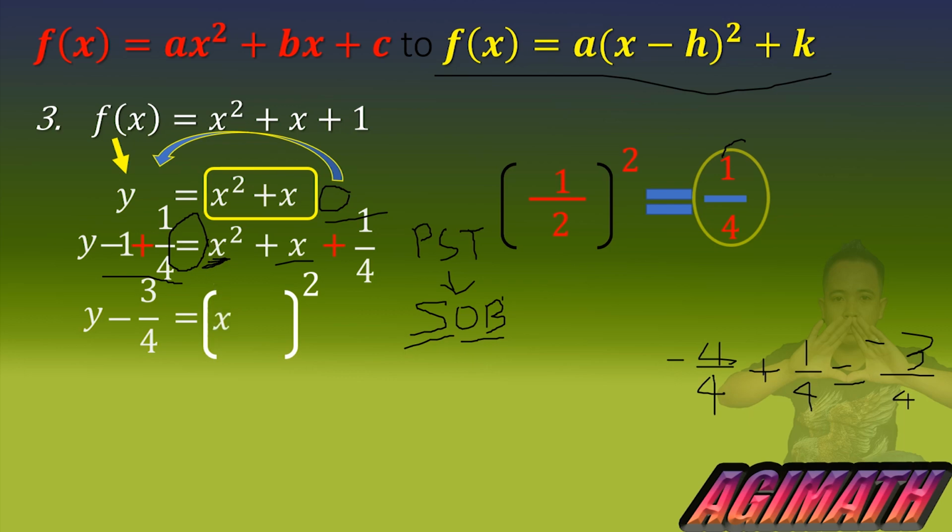So that will be the first term, the x. And then you look at the sign of the middle term. If it's plus, then the sign of this binomial is also positive. And if it's minus x, this is also minus.